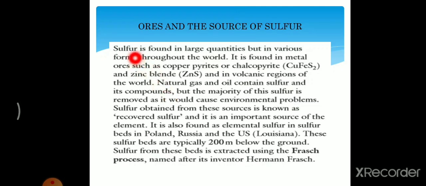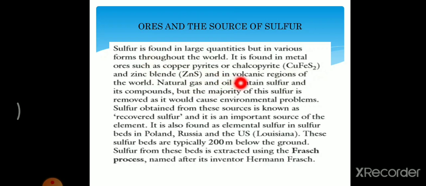So the ores of sulfur are copper pyrites, zinc blende, etc. This one is very important. Zinc blende is an ore of sulfur. You can see sulfur is present in this formula. Similarly, copper pyrites, CuFeS2.